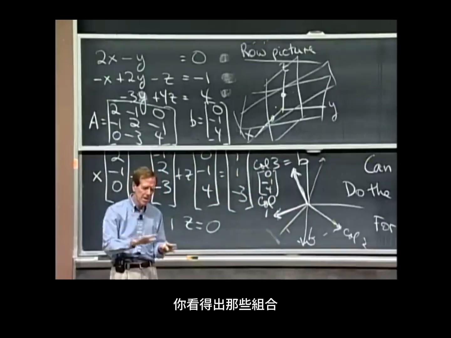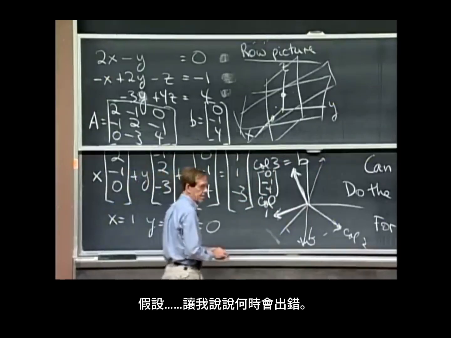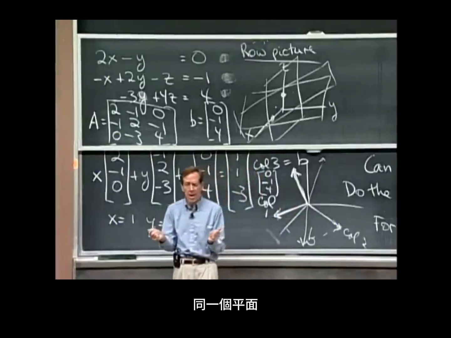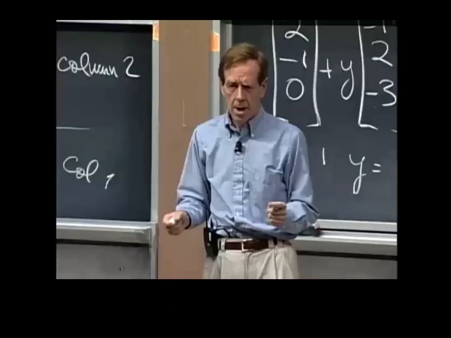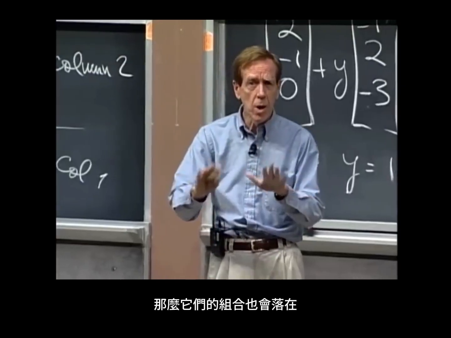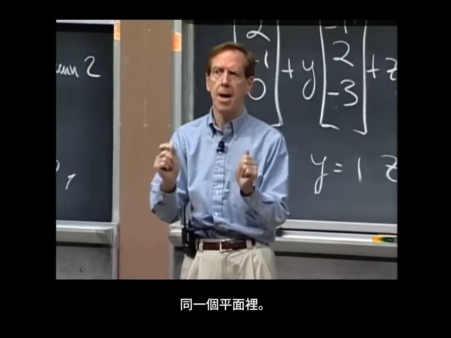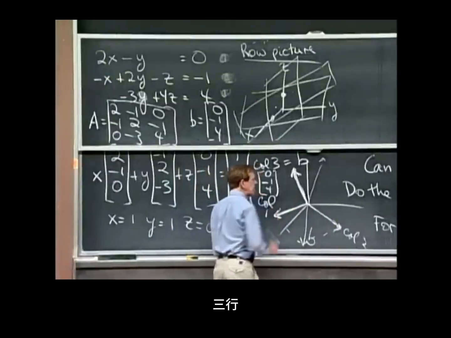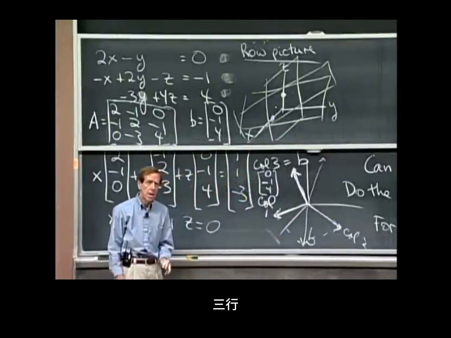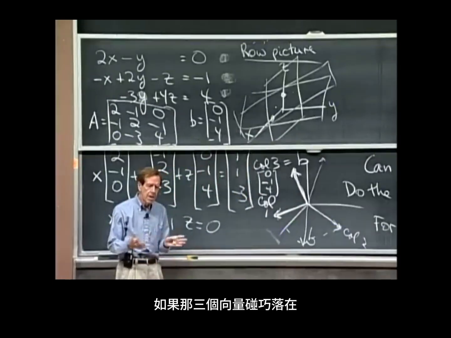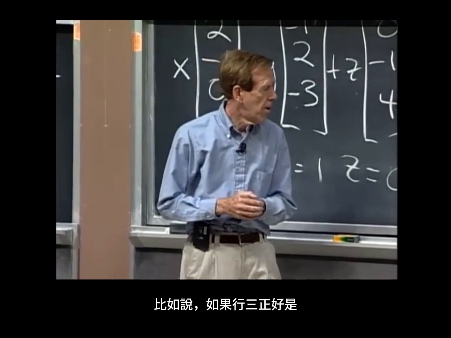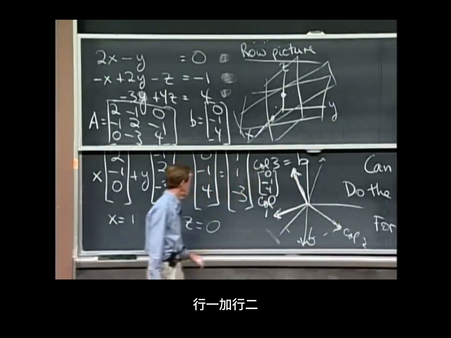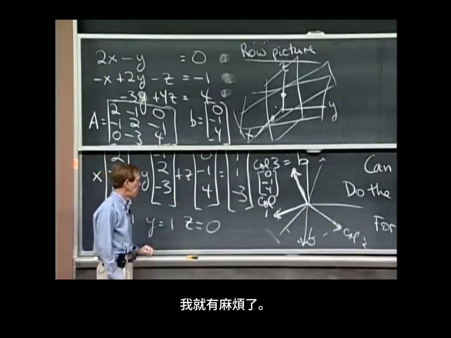When could it go wrong? Let me say when it goes wrong. If these three columns all lie in the same plane, then their combinations will lie in that same plane. So then we're in trouble. If the three vectors happen to lie in the same plane, for example, if column 3 is just the sum of column 1 and column 2, I would be in trouble.